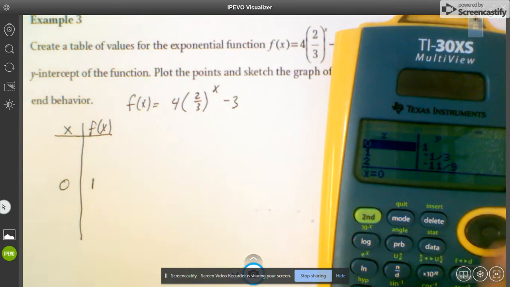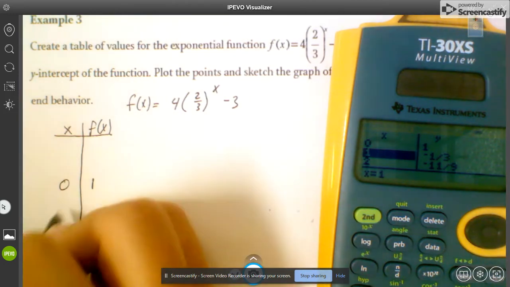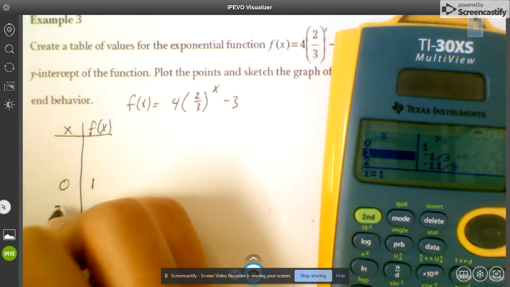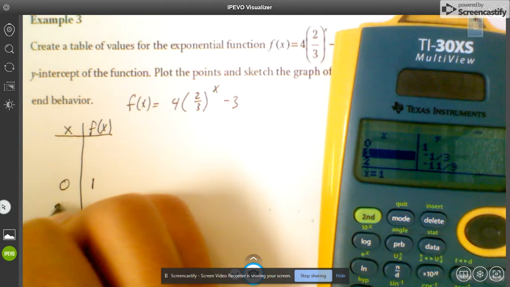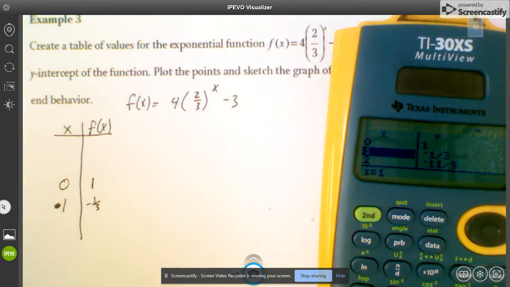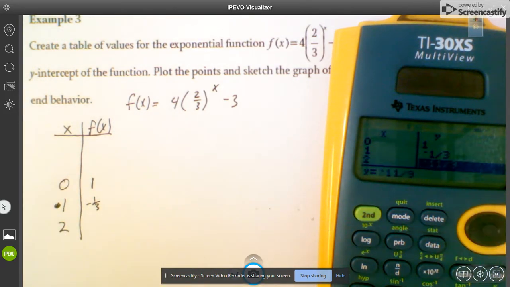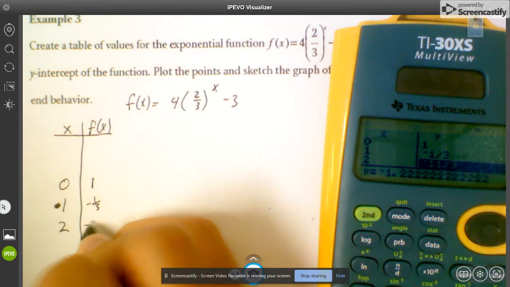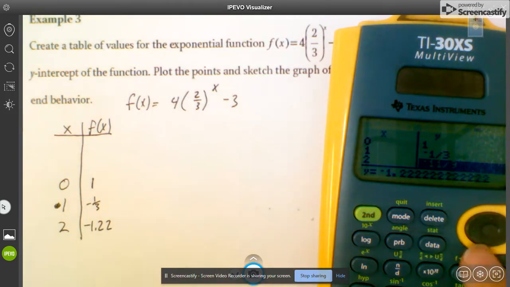All right, so -1/3. So that is +1, and -1/3, which is -0.33 repeating. All right, and then we got -11/9 at 2. So that's -1.22 repeating. All right, keep going.